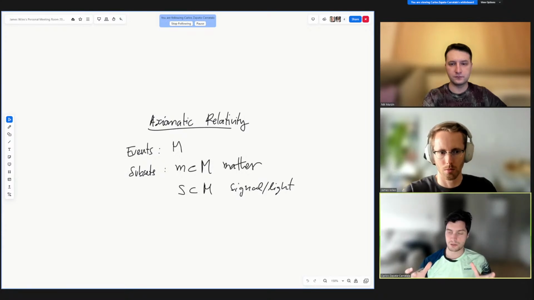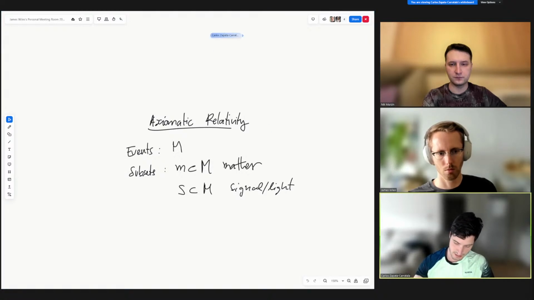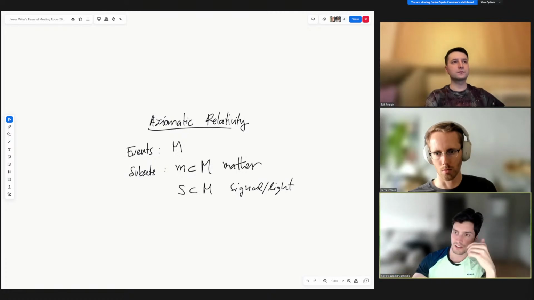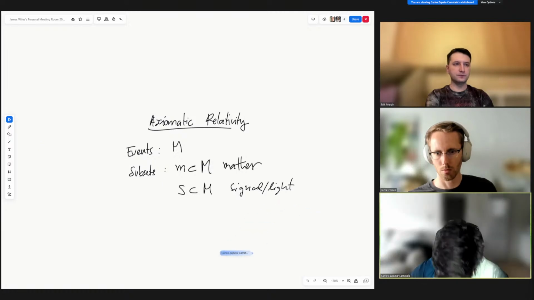And basically what Nick showed, the intuition that you have causally connected events, you encode simply as an intersection pattern of sets, right?